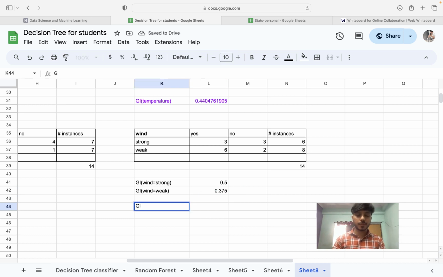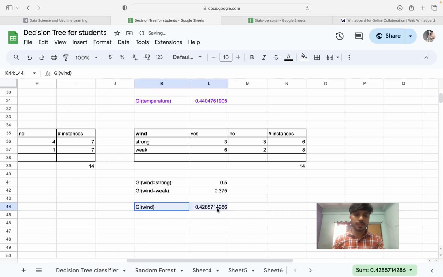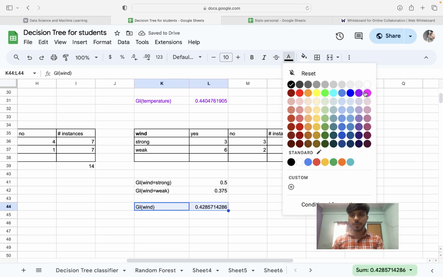Then I am going to calculate the Gini impurity of the wind column. That can be calculated as the weighted sum: 6 by 14 into 0.5 plus 8 by 14 into 0.375, and that's my Gini impurity again for the column.